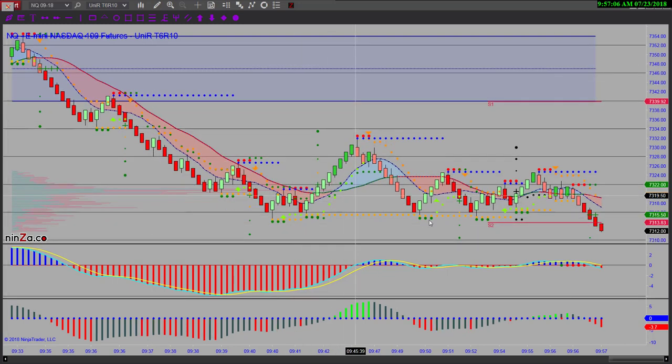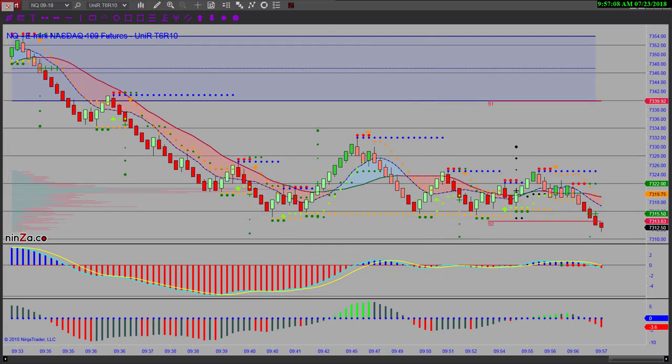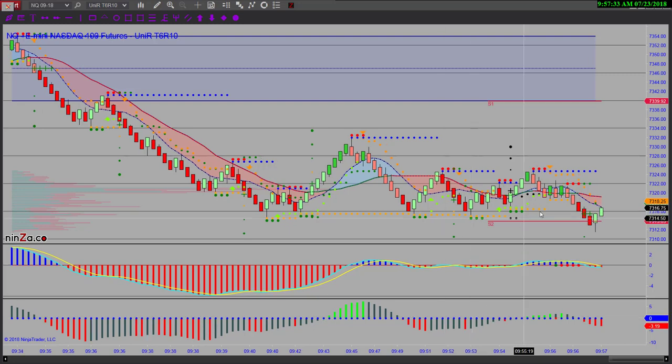Oh, we just dropped out. Damn it. All right, we're going to get a reaction off of the S2. Let's get a bounce back up. I want that bounce and then the rollover from the bounce. There's the bounce.